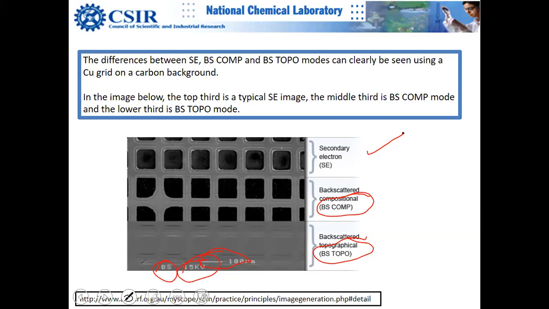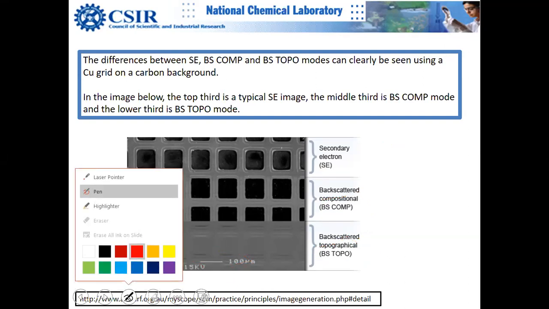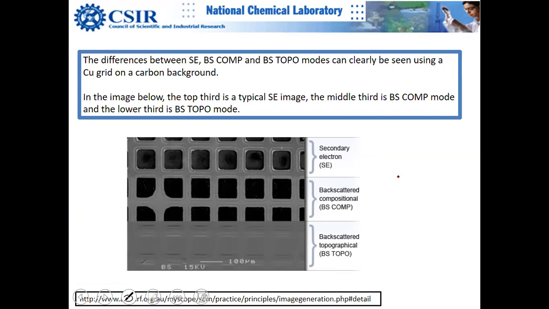where the recesses are basically black, and the areas which are protruding out are shown as the brighter areas. And if you see compositional analysis, here you can see that copper is brighter and carbon is quite dark. Actually, carbon is quite dark.